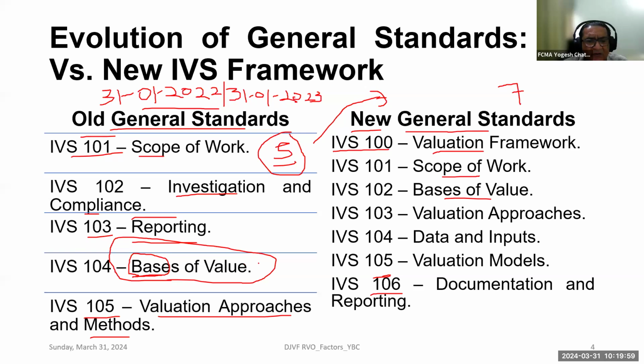Earlier the basis of value was IVS 104; in the revised standard, that becomes IVS 102. The valuation approaches are now renumbered as IVS 103. Data and inputs, that is new. Valuation model, that is new. Data and inputs, you can also relate with investigation and compliance in a way. And reporting and documentation, earlier it was 103 and now it is 106. So these are the new general standards, seven in number.